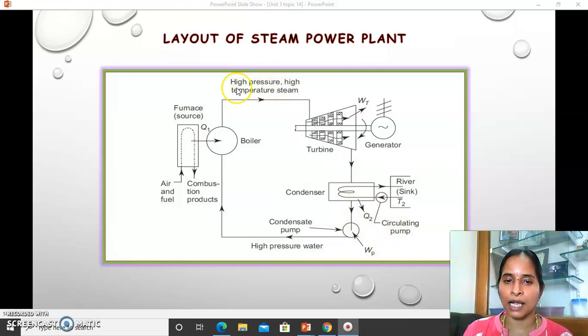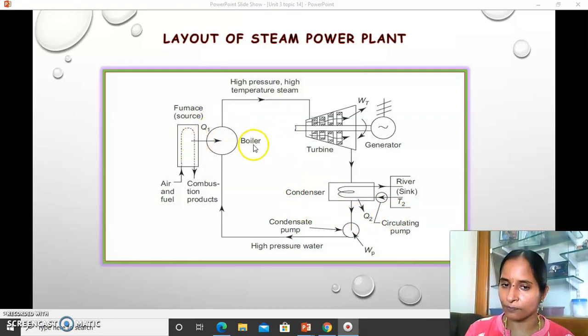High pressure, high temperature steam is converted to low pressure, low temperature steam by the turbine, and the low pressure, low temperature steam is converted to low pressure, low temperature water in the condenser.